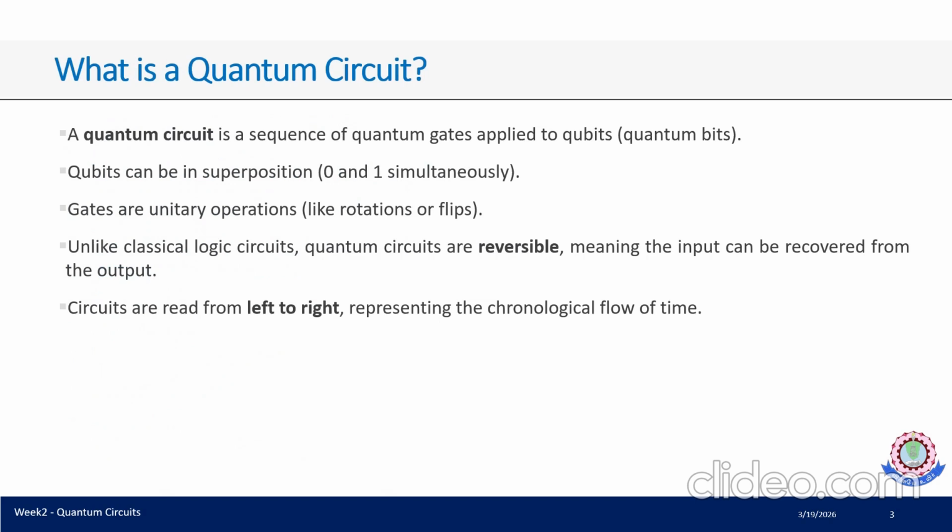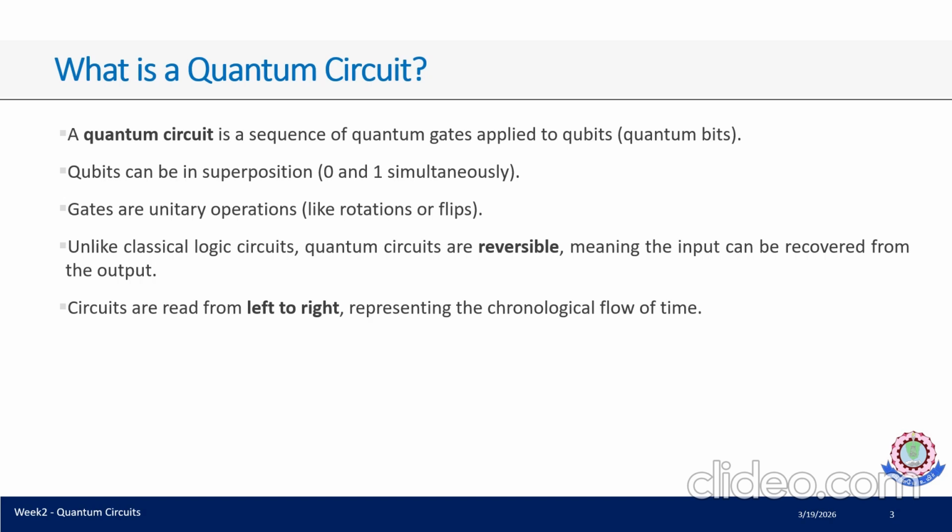So a quantum circuit is none other than a circuit holding a sequence of quantum gates applied to qubits. Qubits can be in superposition states with zeros and ones simultaneously. Gates are unitary operations like rotations or flips.